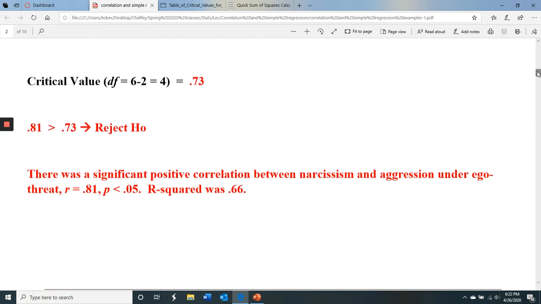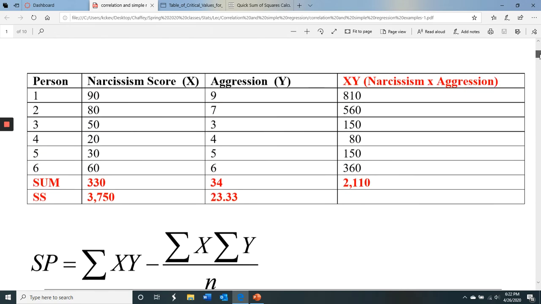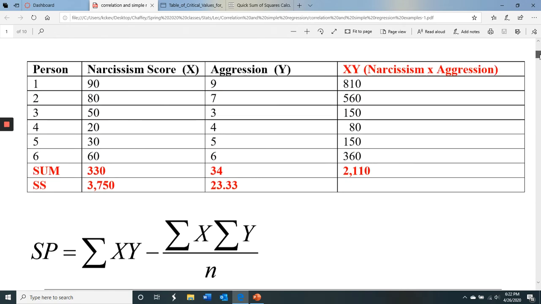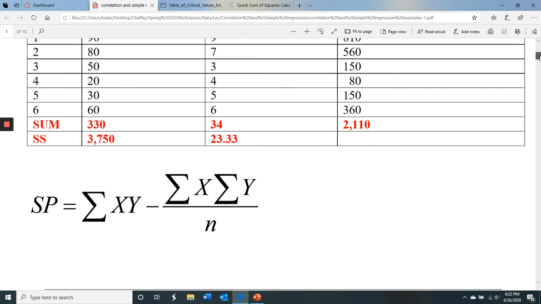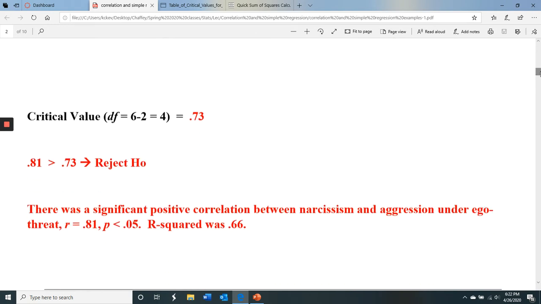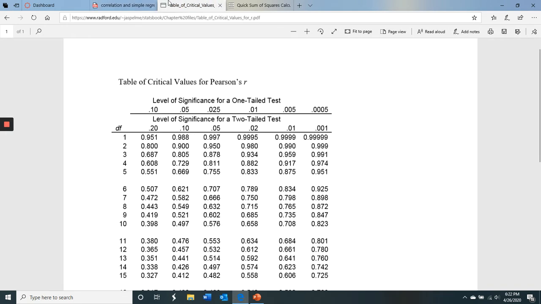So is that significant? Well, we need a critical value. So remember, we have 6 people. Degrees of freedom in a correlation is n minus 2, because we have 2 variables. So 6 people minus 2 is 4. We go to the table, which is right here.